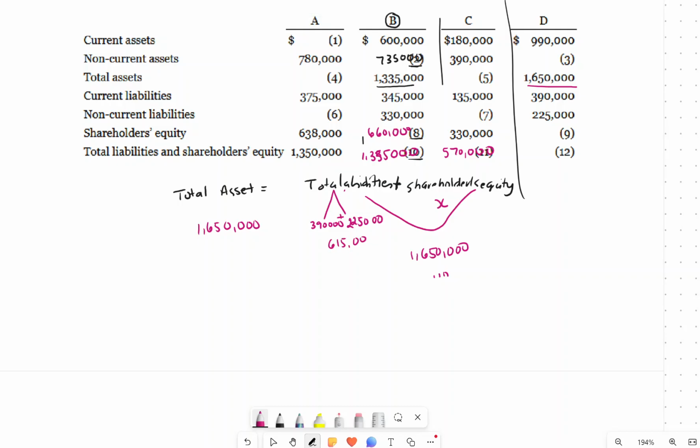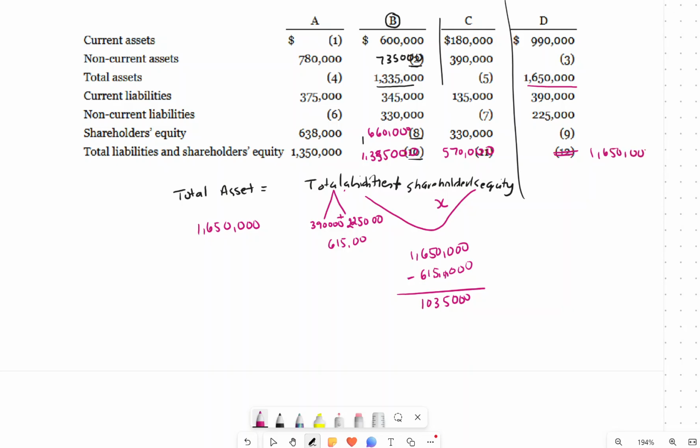But my total liability and shareholders equity is 1,650,000. If I minus that, my liability, it will give me 1035. So my total liability number 12 will be 1650.